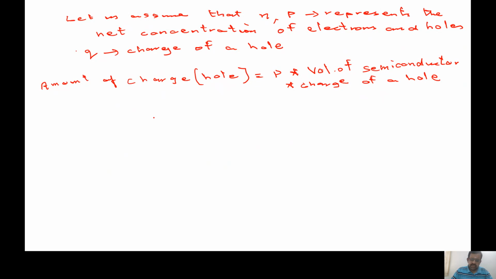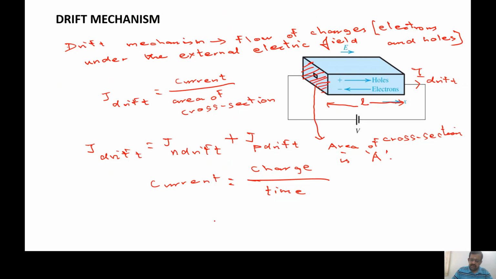So the amount of charge is going to be Q. I will write everything in symbols: Q P times the volume, that is A times L, where L is the length of the semiconductor, that is, along the direction of the flow of the current charges.